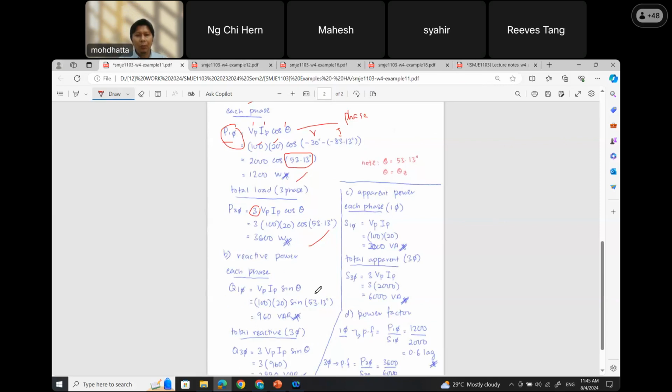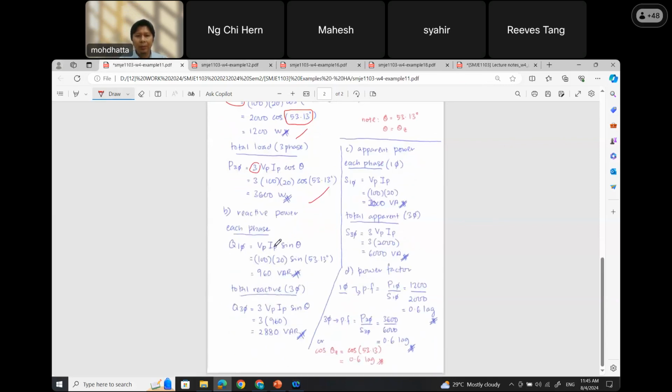All right, same goes for reactive power. We are still using the phase information for the single phase reactive power, or reactive power for each phase, except that here we use sine theta. Since we understood that this data comes from theta Z, the difference between theta V and theta I, it's very straightforward.